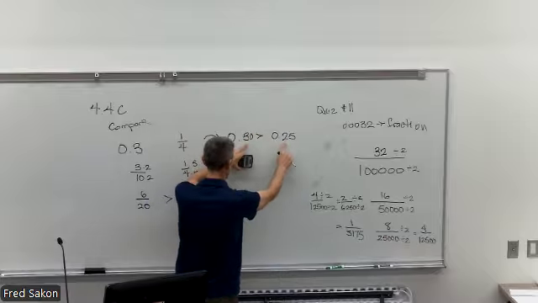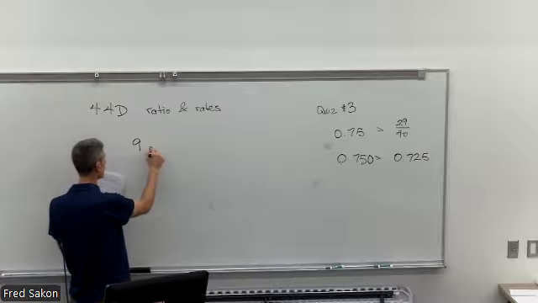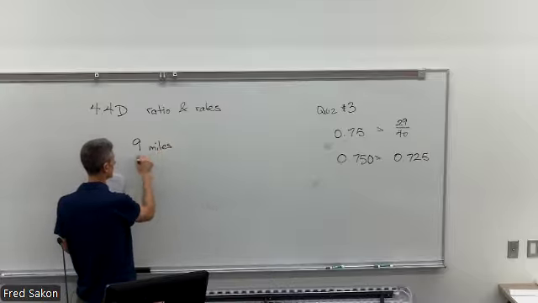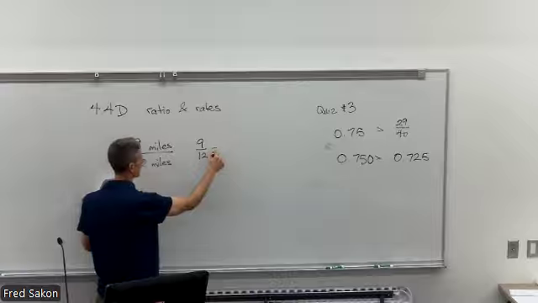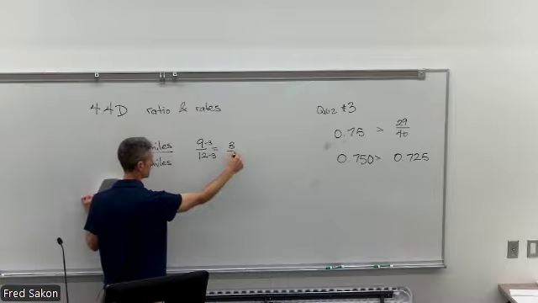Looking at that example where it says 9 miles over 12 miles, the ratio that is expressed here is essentially 9 to 12, which can be reduced by dividing 3 on both of these to 3 over 4.